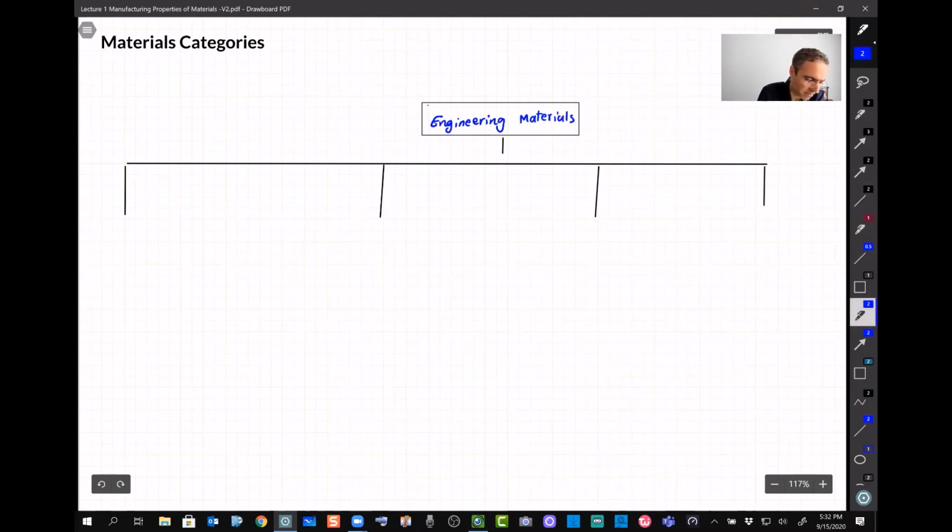So the first category is metals, the second category is polymers or plastic, the third one is ceramics, and the last one is composite.